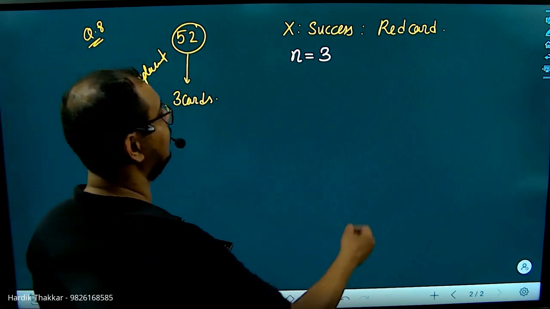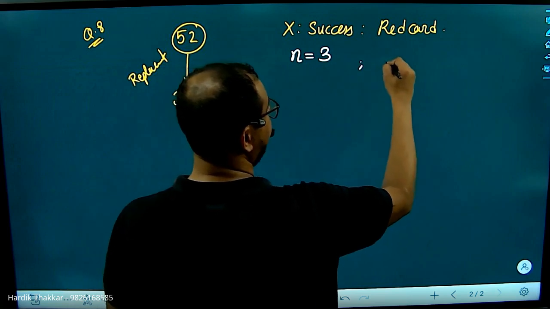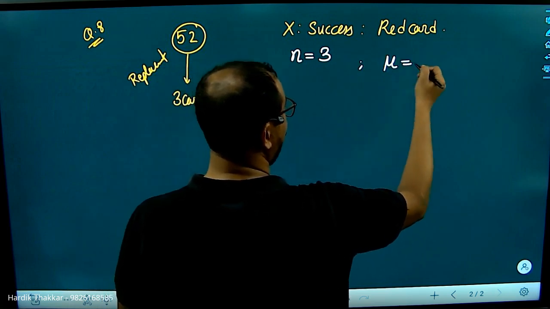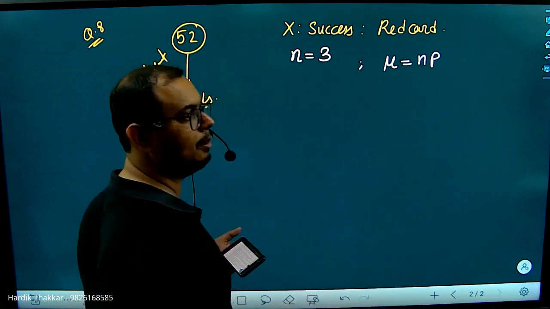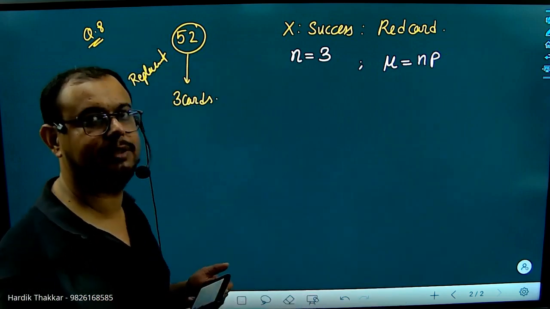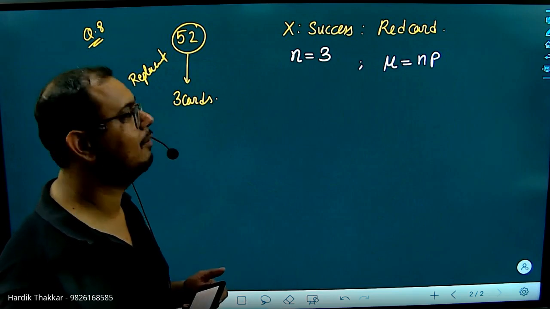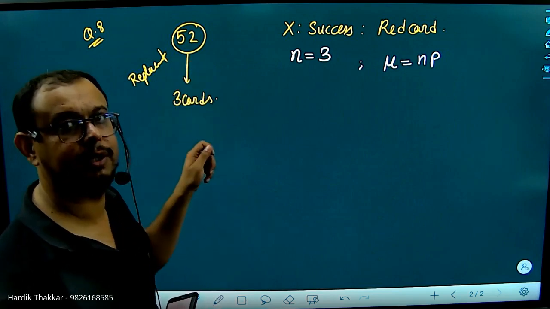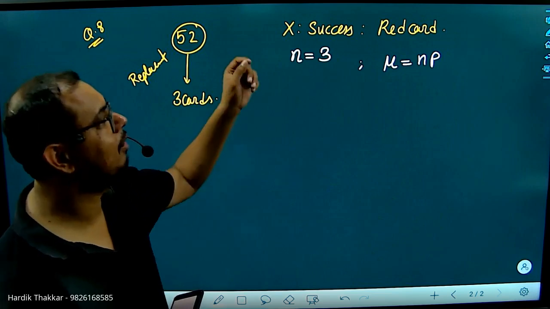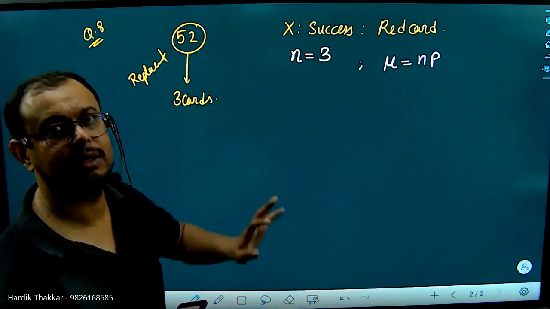So mean means mu. The formula for mu is n into p. Now what is p? P is the probability of success in each trial.